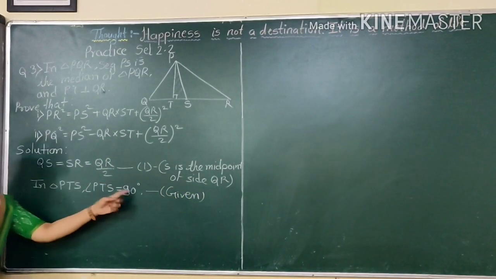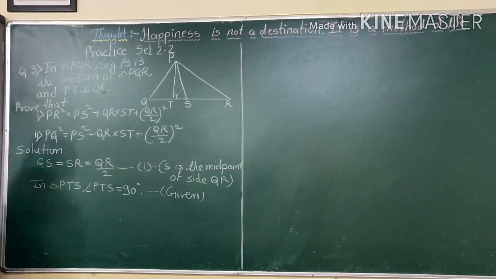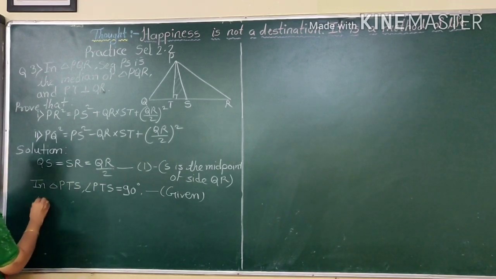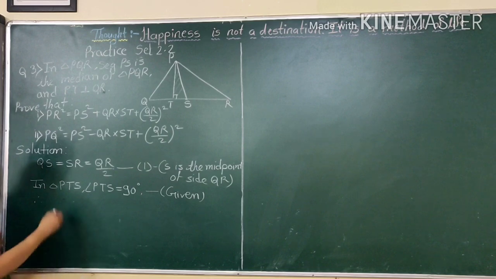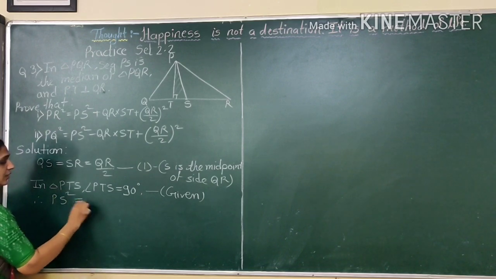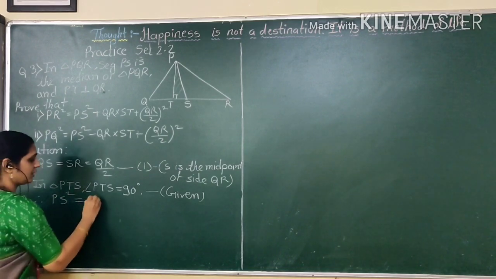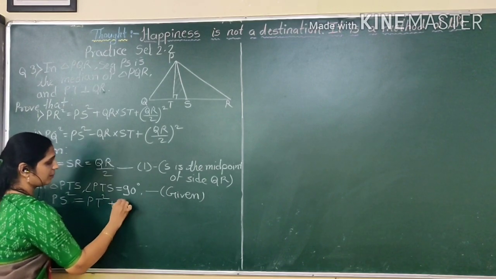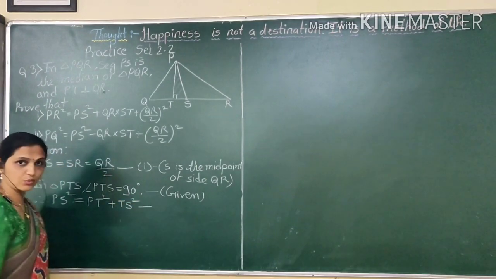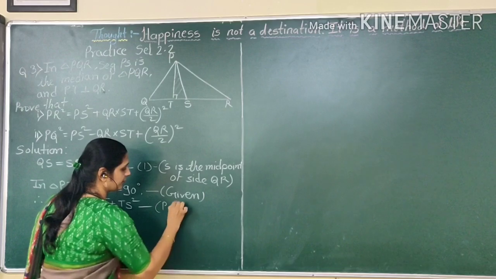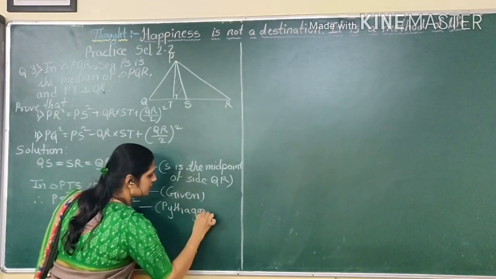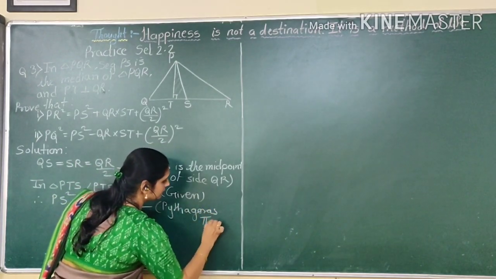Now, PTS is 90 degree, so we can use Pythagoras theorem here. Therefore, by Pythagoras theorem we can write hypotenuse square, that is PS square, is equal to PT square plus TS square. This is by Pythagoras theorem.